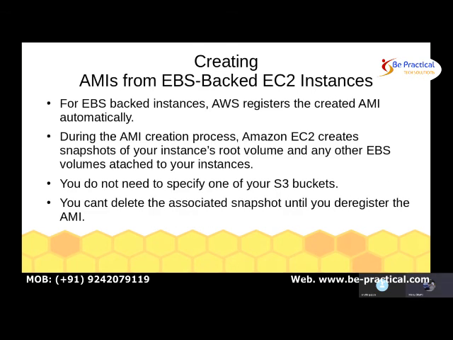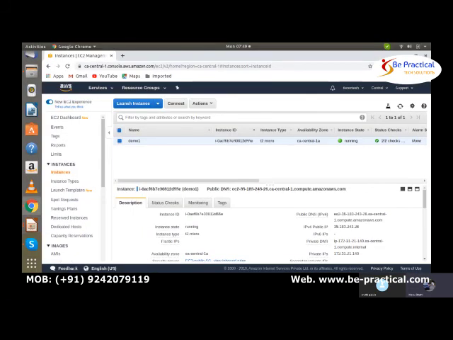So here we have come to creating AMIs from the EBS backed EC2 instance. We have already done this, I guess. How do we create an AMI?